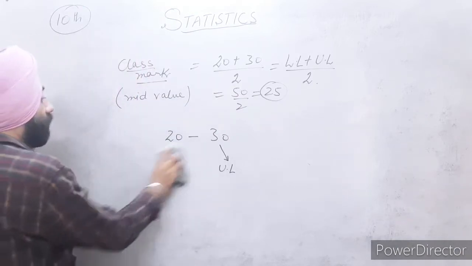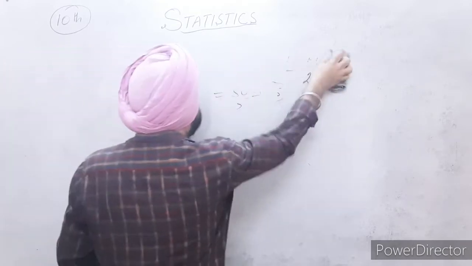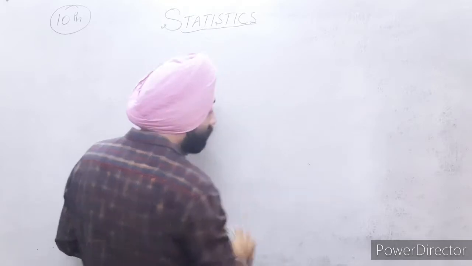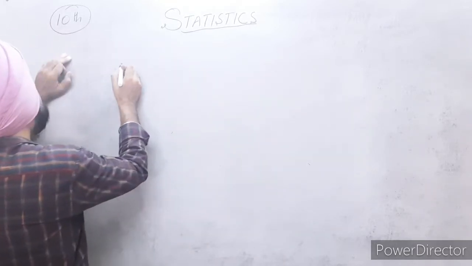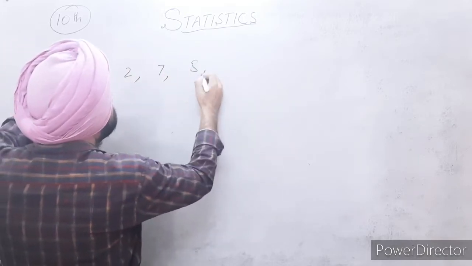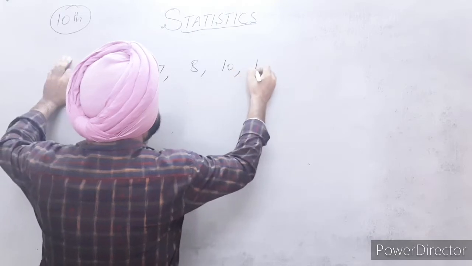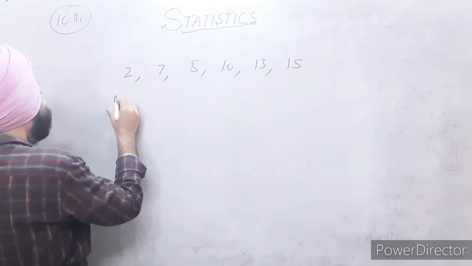Now, how to find the mean of ungrouped data, right? Say we have observations 2, 7, 8, 10, 13, 15. I want to find the mean.